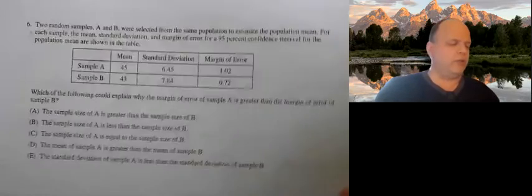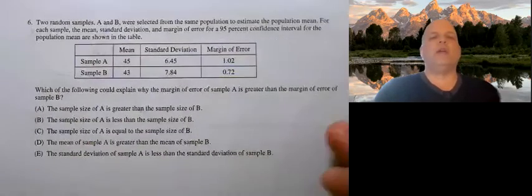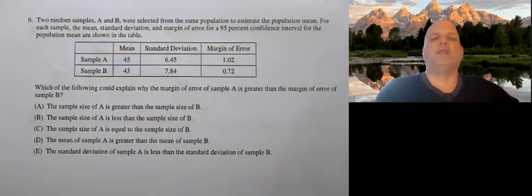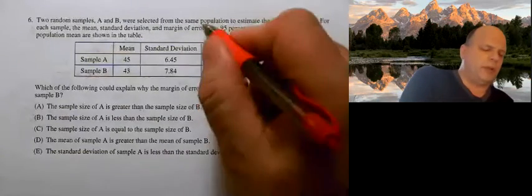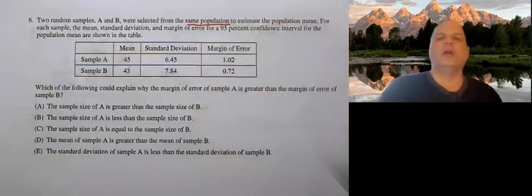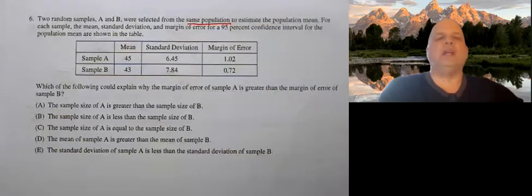Okay, number 6. Two random samples, A and B, were selected from the same population. So this came from the same population. To estimate the population mean for each sample, the mean, standard deviation, and margin of error for a 95% confidence interval for the population mean are shown in the table.